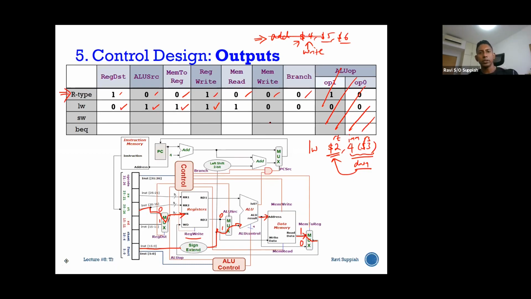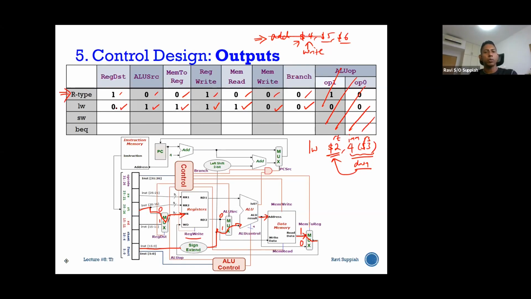For this instruction, we are doing a memory access, and in this case, it's a memory read. So memory read is 1, and memory write is 0. And we're not doing a branch, so branch is 0. So that is the load word instruction and the sequence.